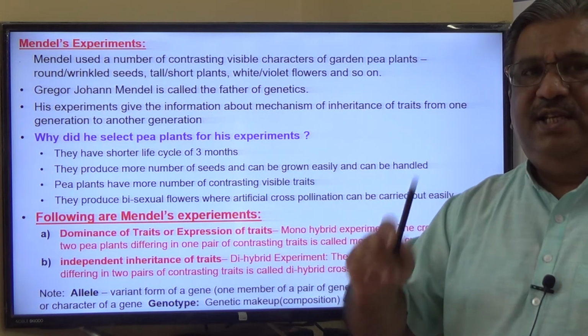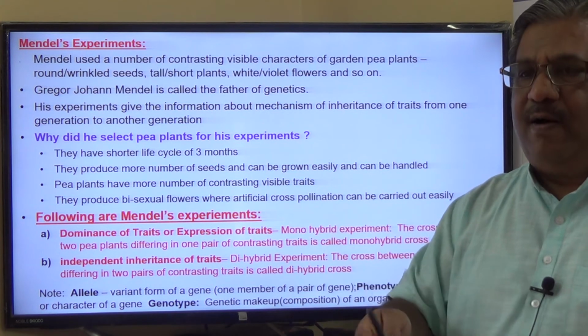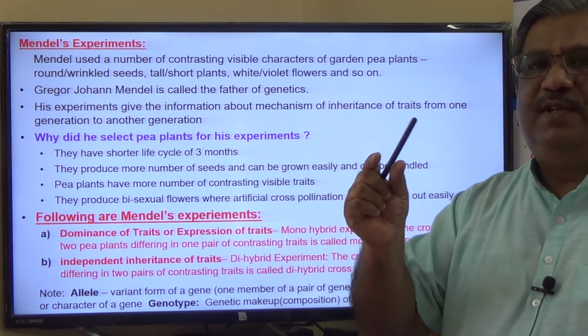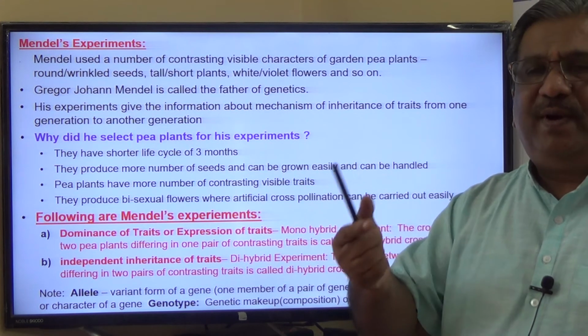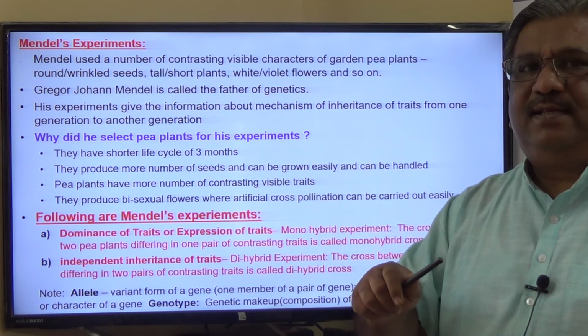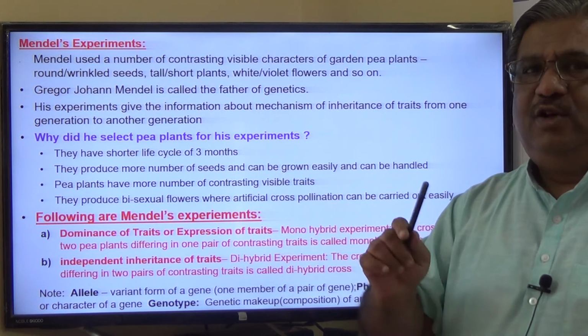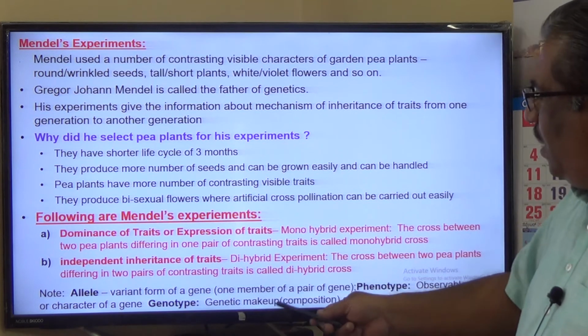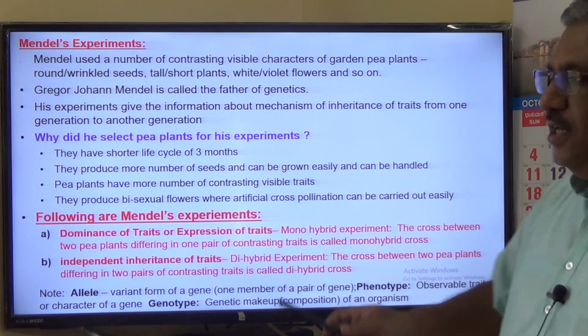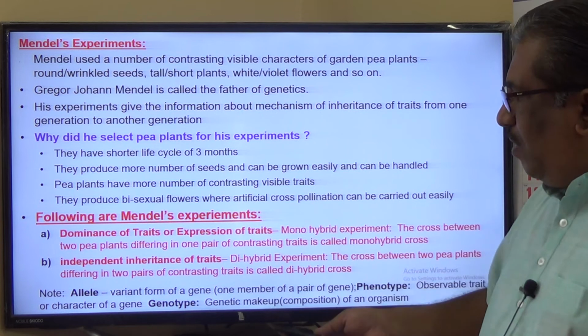So one member of a pair of genes that determines a particular trait is called an allele.